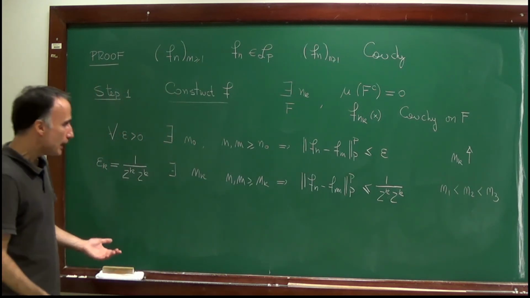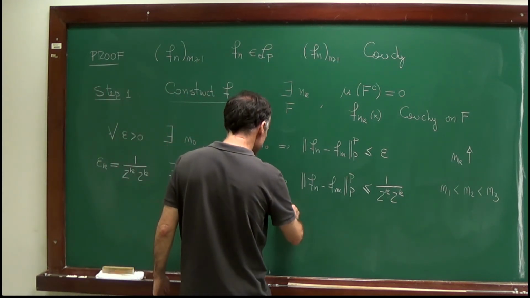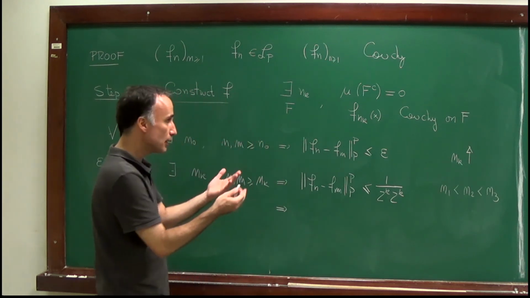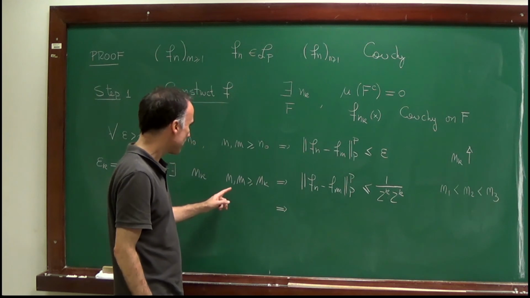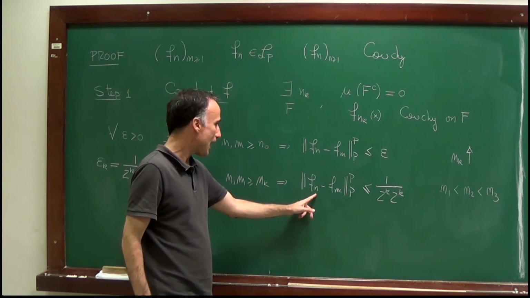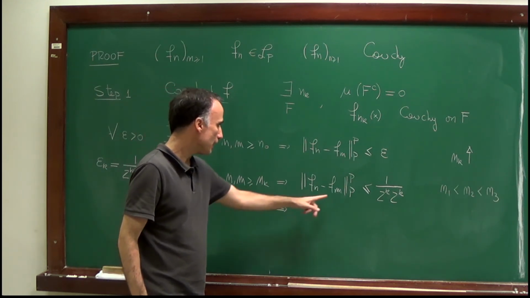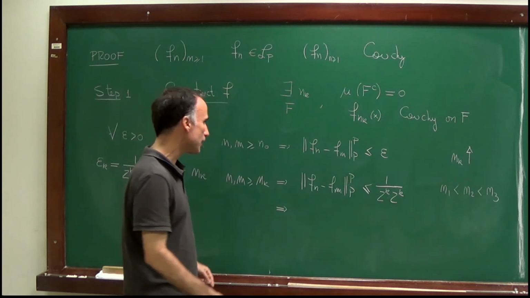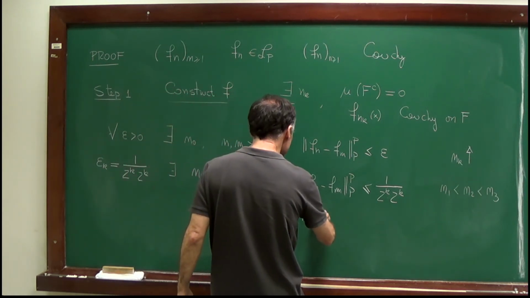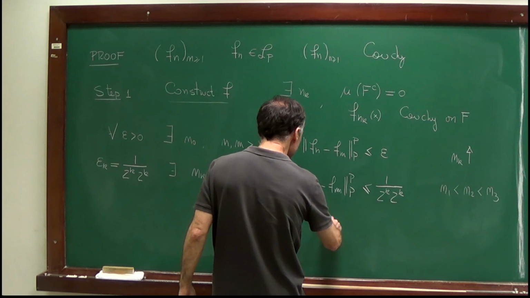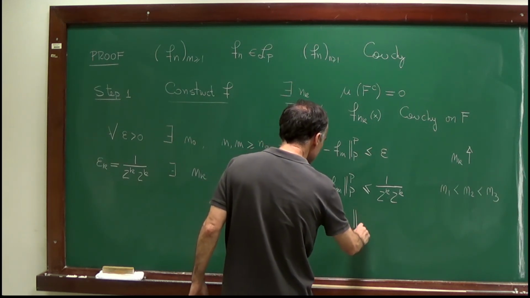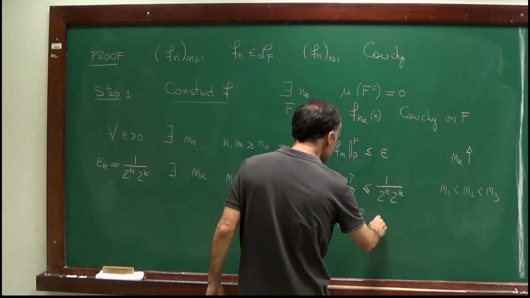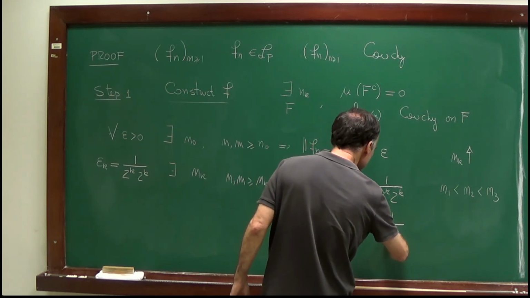And this tells me also that for that sequence, I can take n equal to nk and m equal to nk plus 1. So what I have is that the norm of f nk minus f nk plus 1 to the power p is bounded by 1 over 2k to the k.